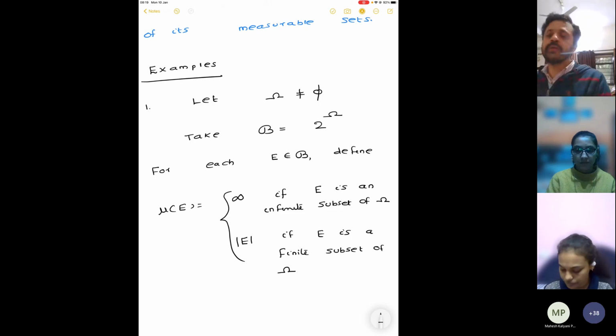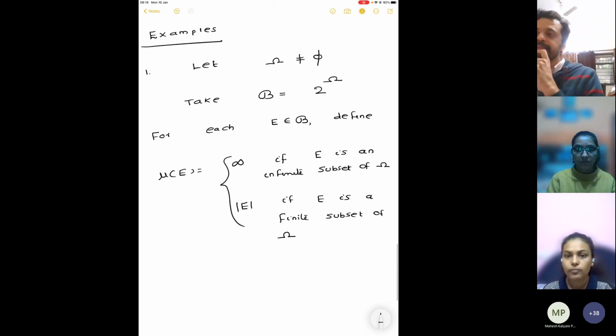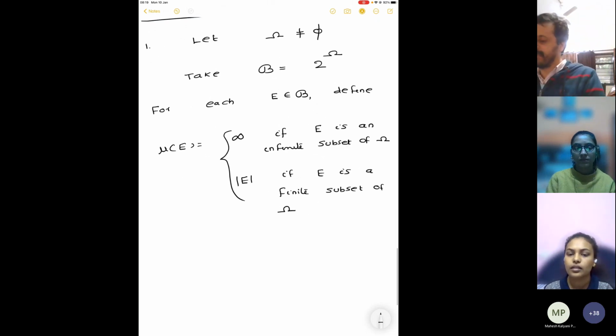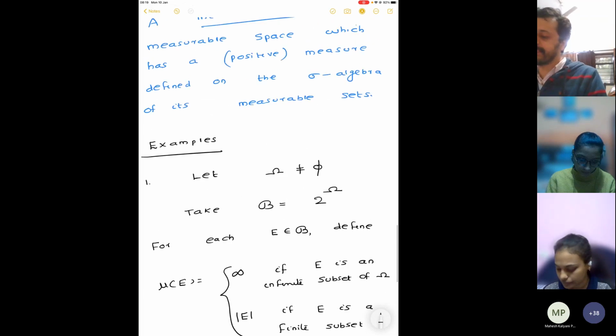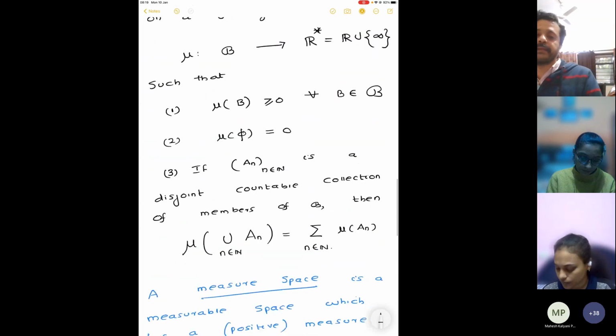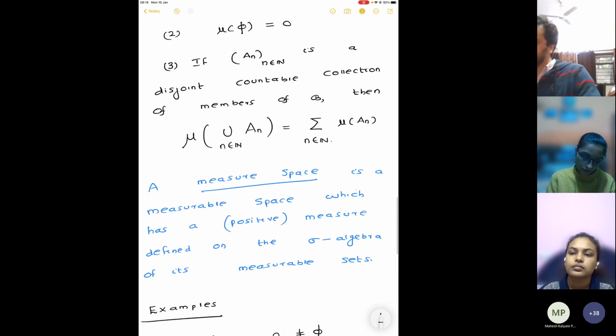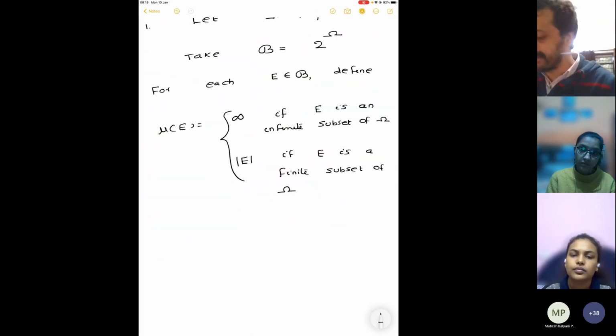By the notation mod E, I mean the cardinality of E. And this measure is called counting measure. You can see that mu satisfies these three required properties. It is a good exercise to see. I will not write the detail.